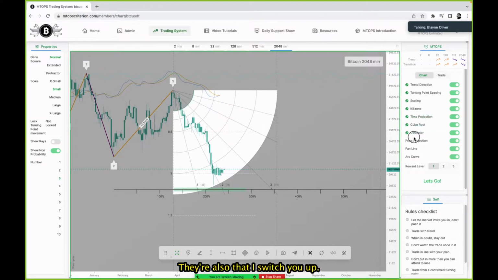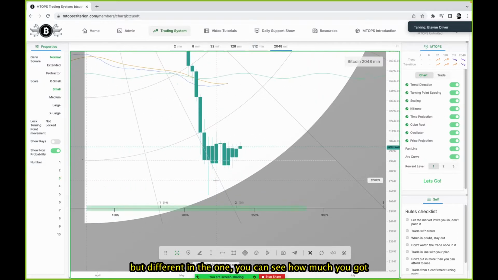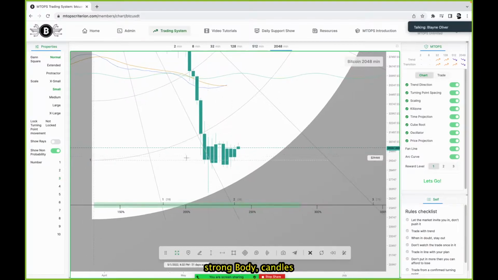Oscillator switch up. Price came down to 1. If you include the wick over there, I'd say almost the 1.25, but definitely the 1. You can see how much you got built over there. 1, 2, 3, 4, 5, 6, 7, 8 strong bodied candles at 1. Alright, so fan line, 1/2, arc 5.